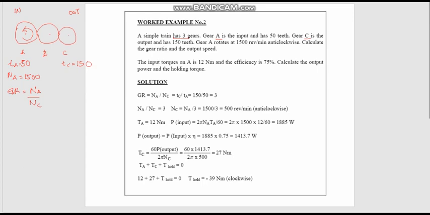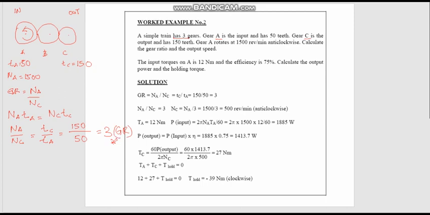So na times ta equals nc times tc. So na over nc equals tc over ta, which is 150 over 50, equals 3. So that's the gear ratio.